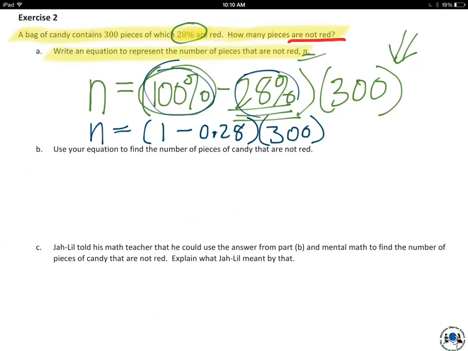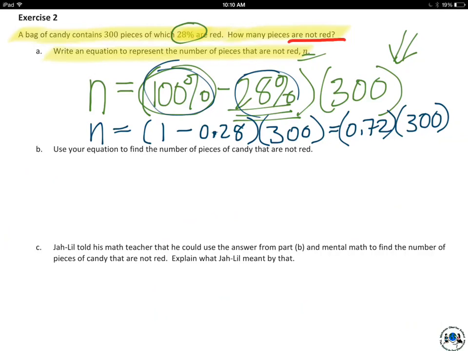So if we went ahead and did this, we have a more numerical operation here, and then we could just continue this along, and we'll know that n equals, this is 0.72, okay, times 300.